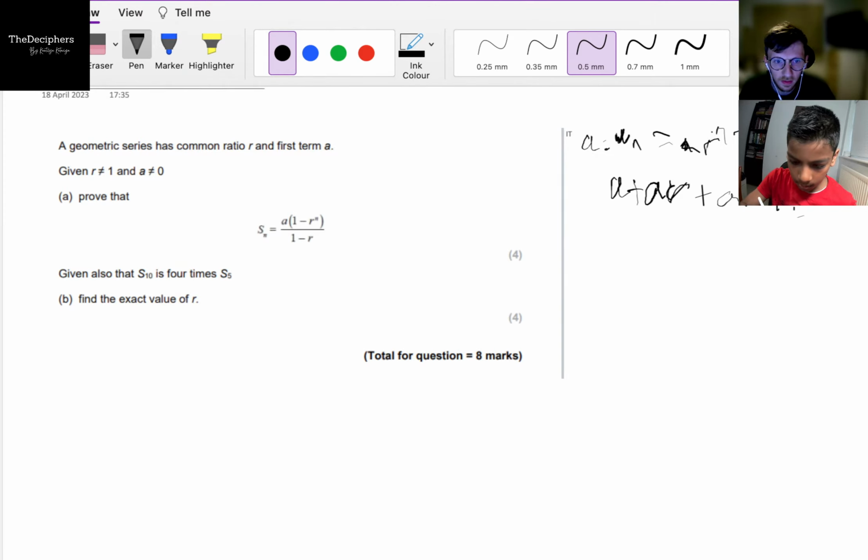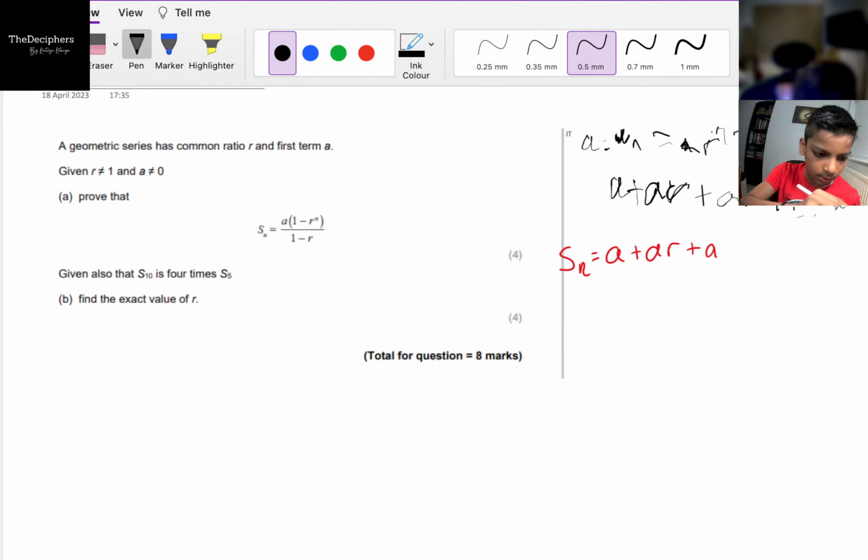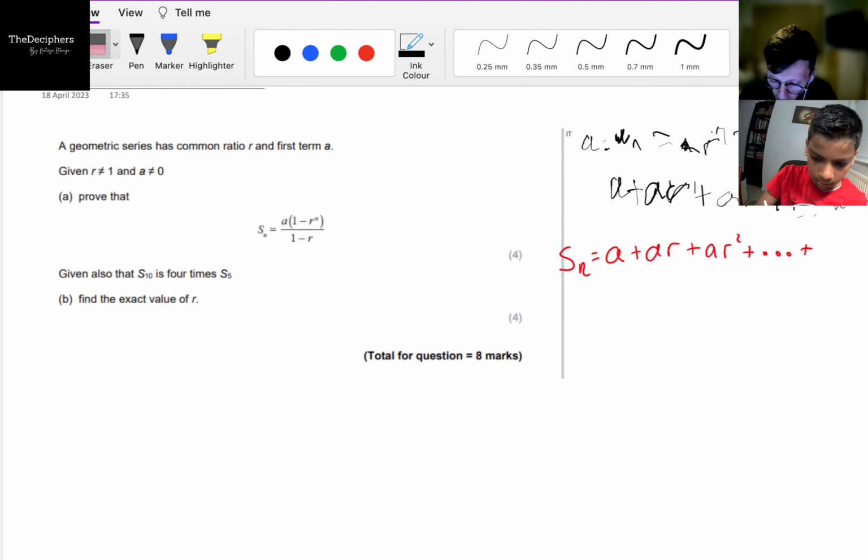And then what's the last term? The last term is a times r to the power of, or just infinity. It's not infinity because we're finding the sum of n terms.